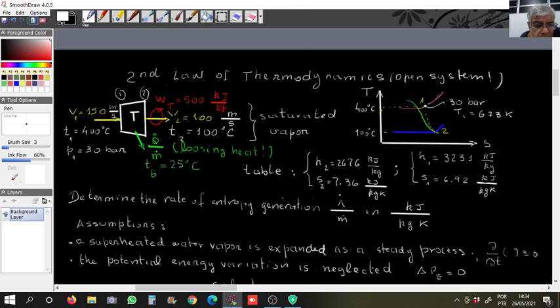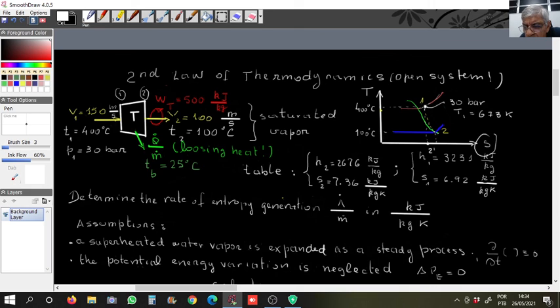Now that's very important. That's why I didn't mention this figure at the beginning. You see the entropy increases from 1 to 2. The process is not isentropic, because this is 2 prime.